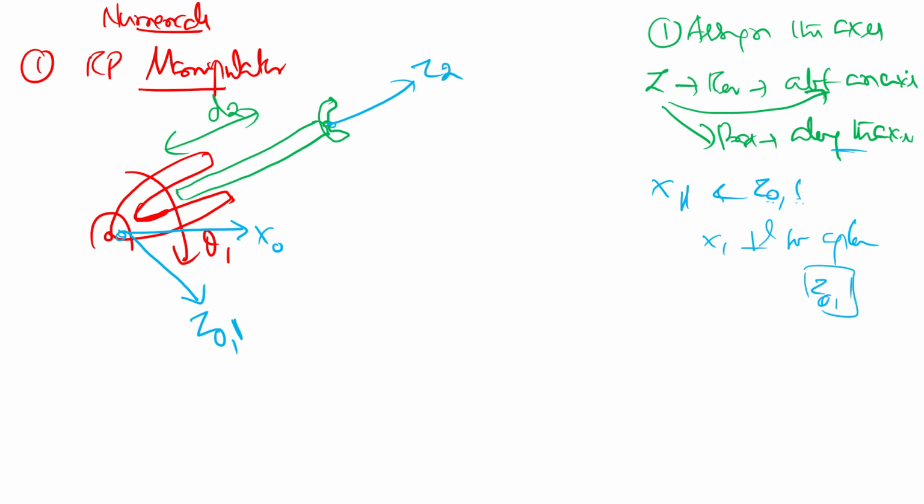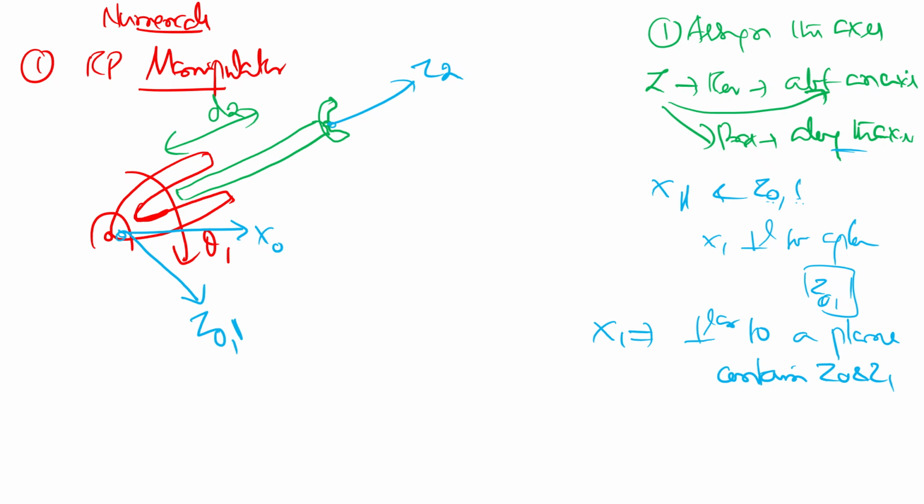So x1 means z0 and z1, whereas x2 means z1 and z2.